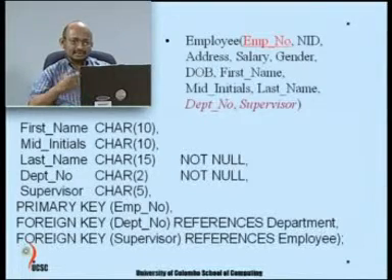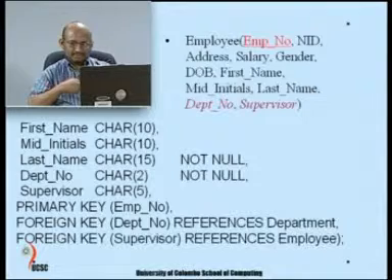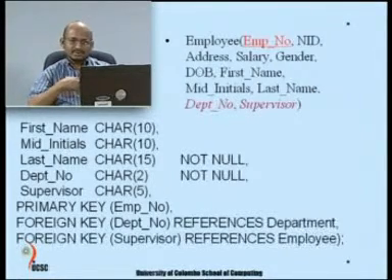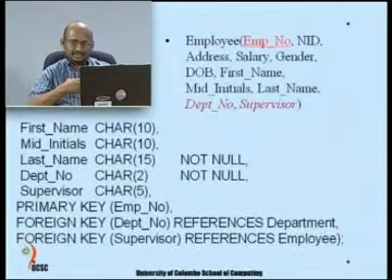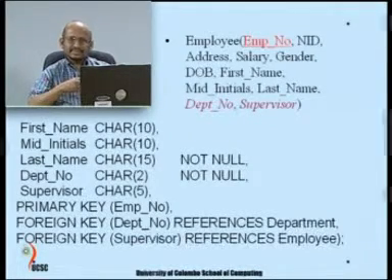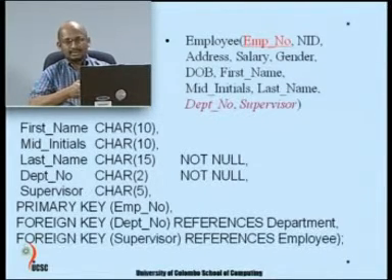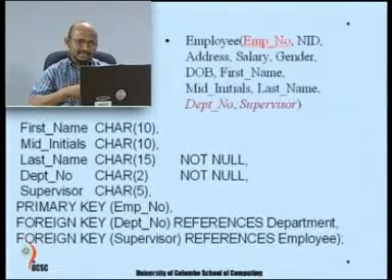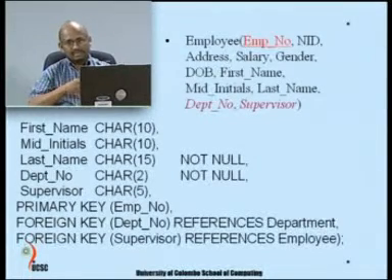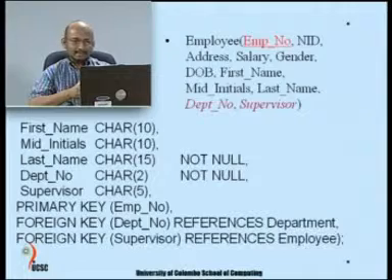Similarly, for employee we have a supervisor. So, employee refers to the same employee table as a supervisor, because an employee supervises other employees. So, it is possible to have a self referencing foreign key as well, where here it is referring to its own table. So, the reference here belongs to the foreign key of that table, in this case emp number, otherwise it is the department number.